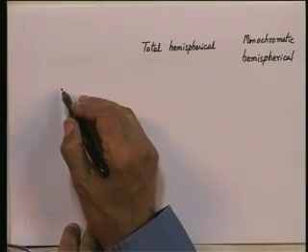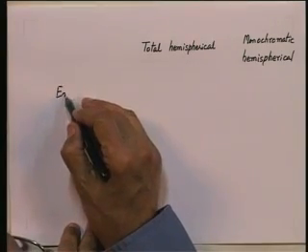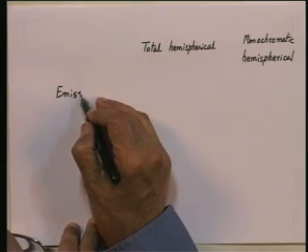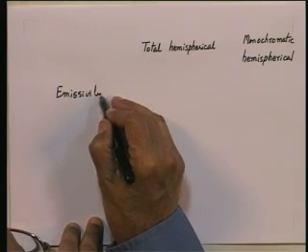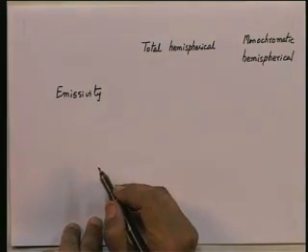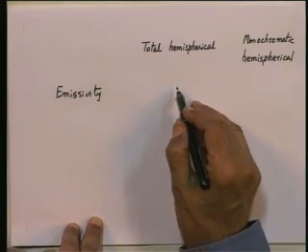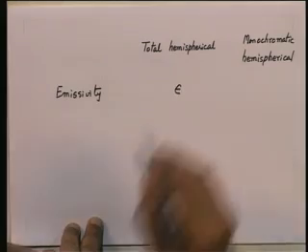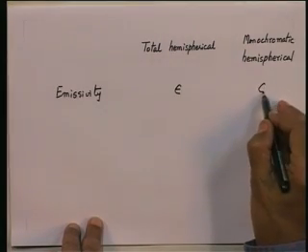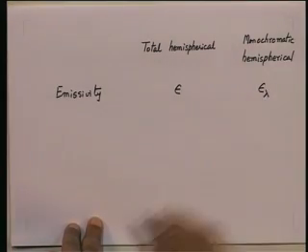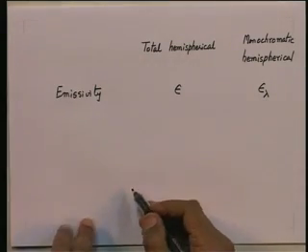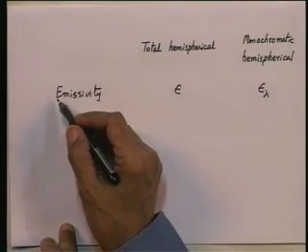Total hemispherical emissivity we have defined for radiation which is emitted from a surface, all right. And for total hemispherical emissivity we have epsilon. If it is the monochromatic value, we have defined epsilon lambda.